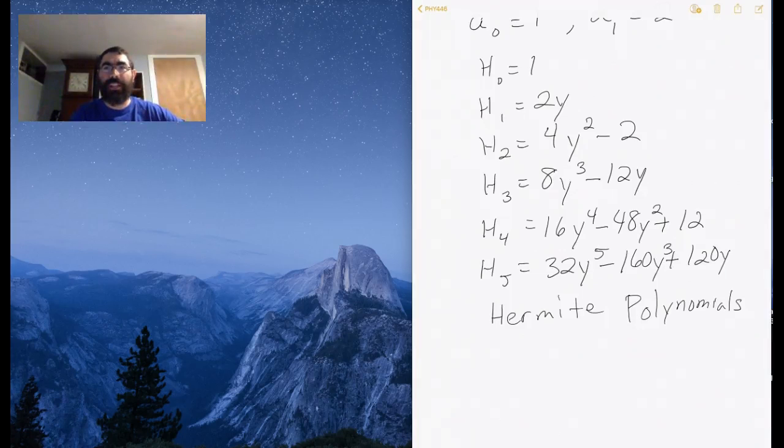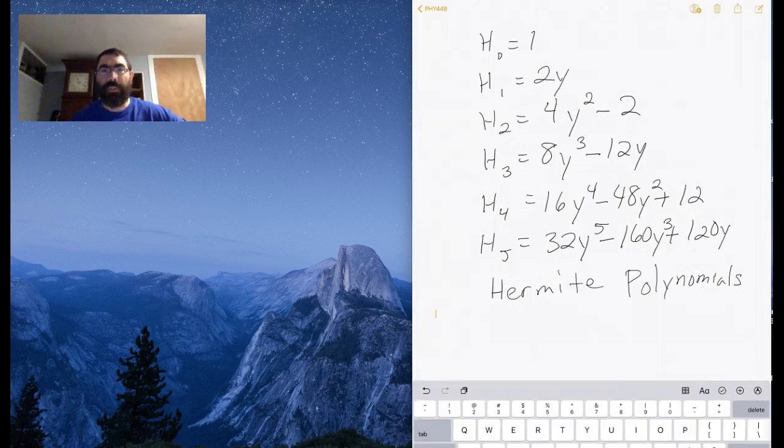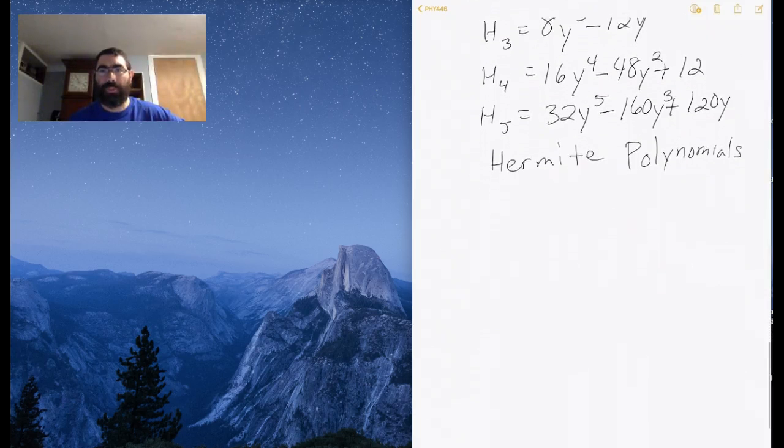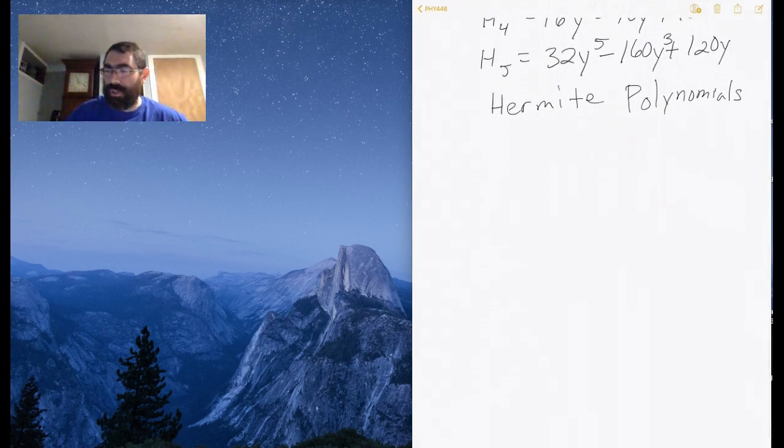In my last lecture, I worked through how we use the recursion relationship for the coefficients in the series solution of the polynomials to get this list of Hermite polynomials. Some other characteristics of the Hermite polynomials are there's a recursion relationship between the polynomials themselves.